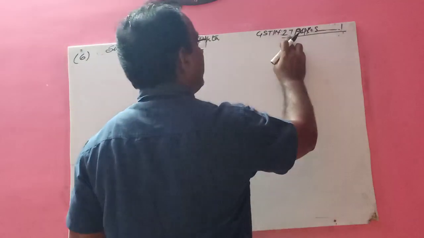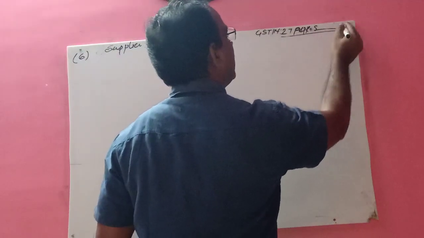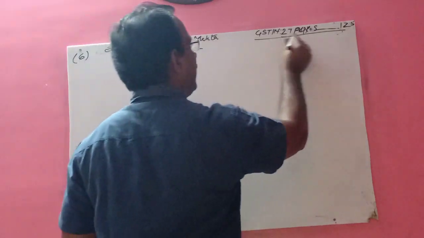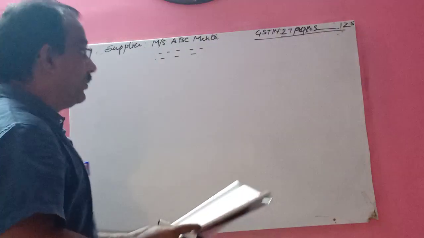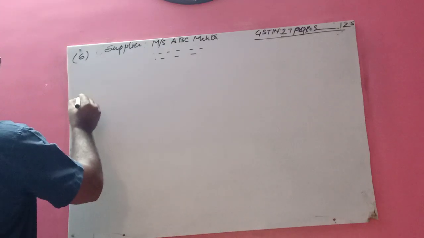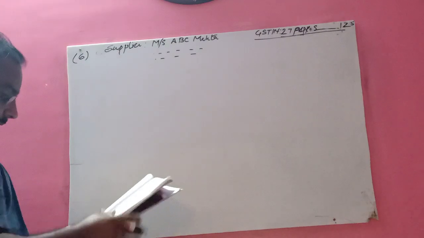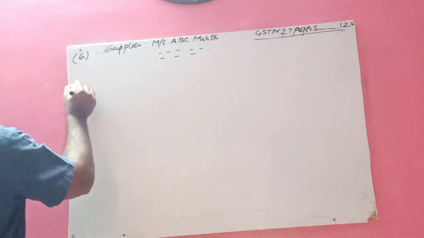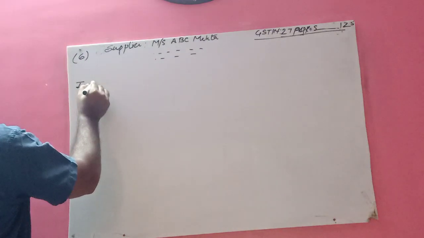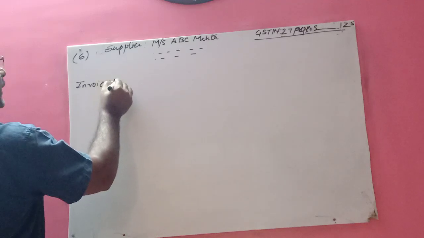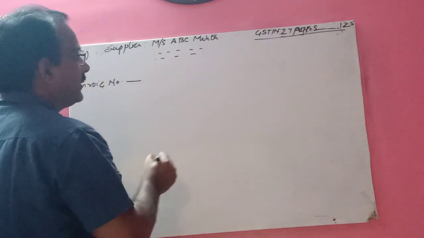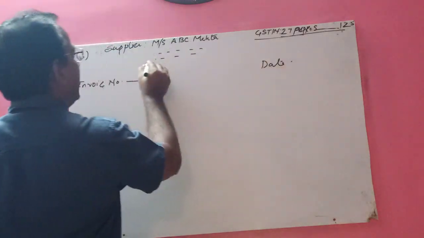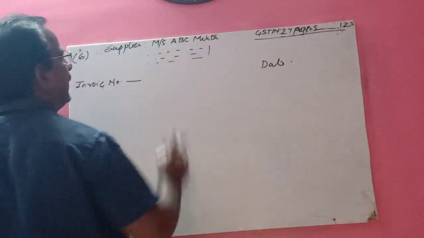So 27 is the code and this is the PAN number, then 1, Z and 5. This is a very important part that you write down. Then you write the invoice number here, and here you should write the date, and here I said your phone number, email ID, all these things.